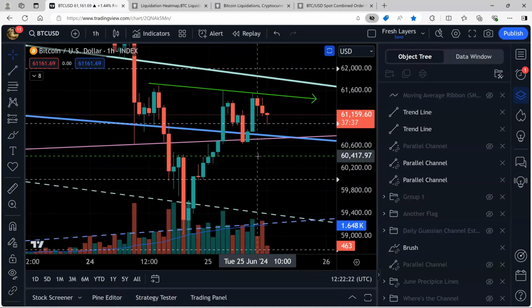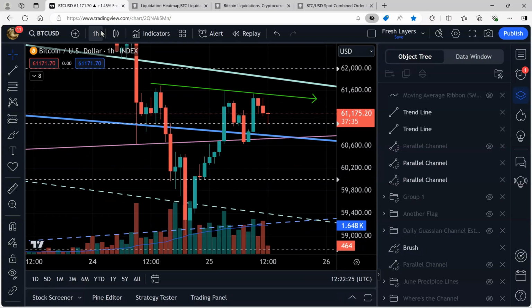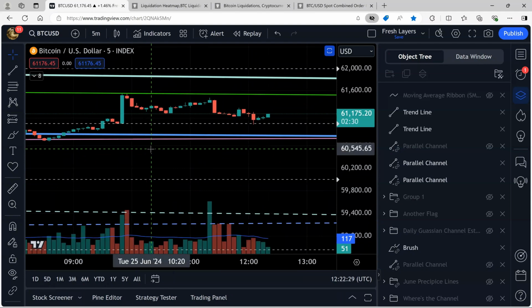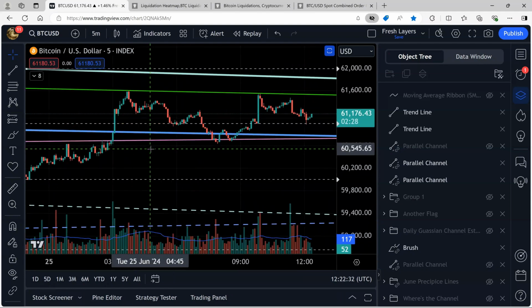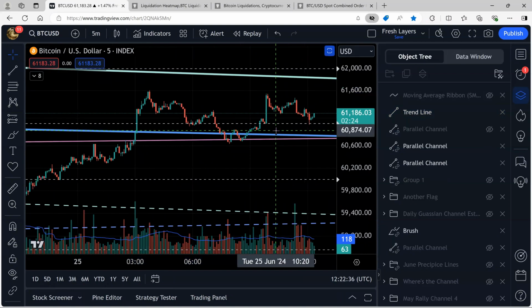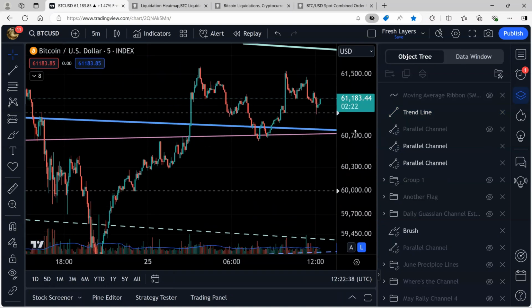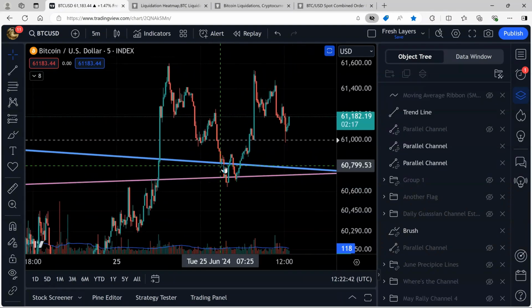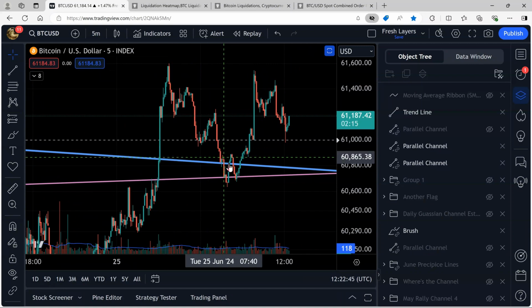Anyway, let's go on a 5 minute chart and see what's going on. Let's get rid of this because we don't really need that there. So we already discussed this. I did expect us to come down and do this.